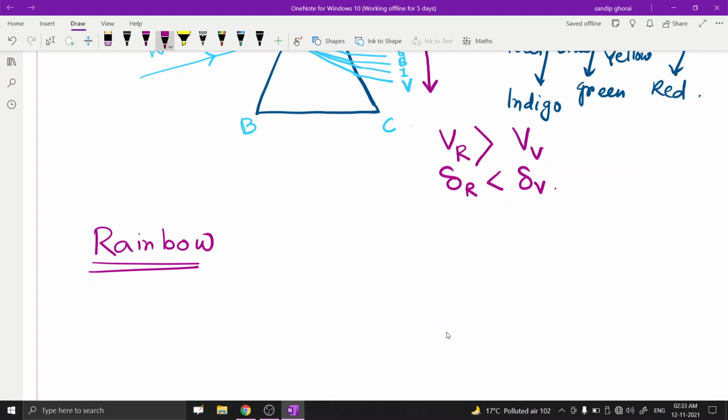So the reason behind the rainbow is simply dispersion of sunlight due to water droplets.